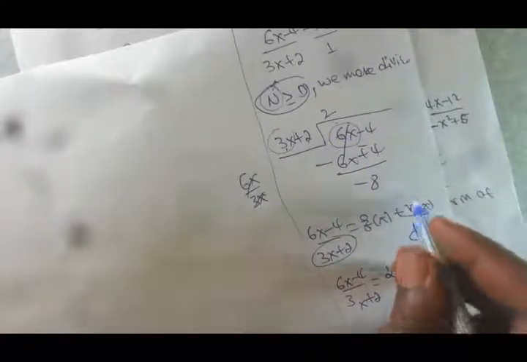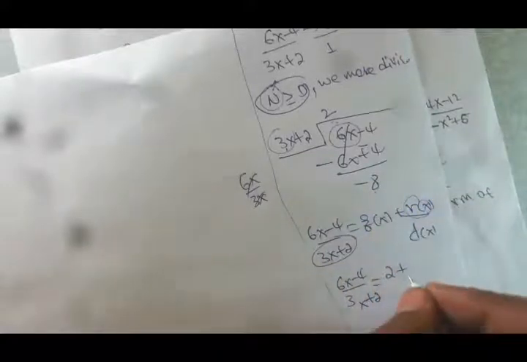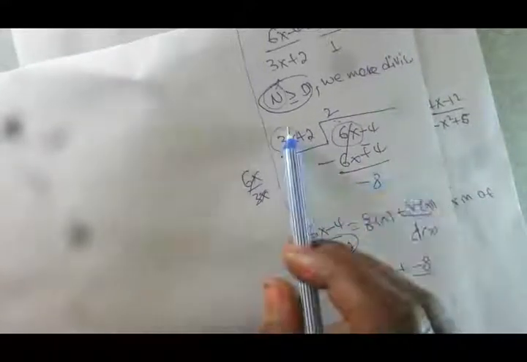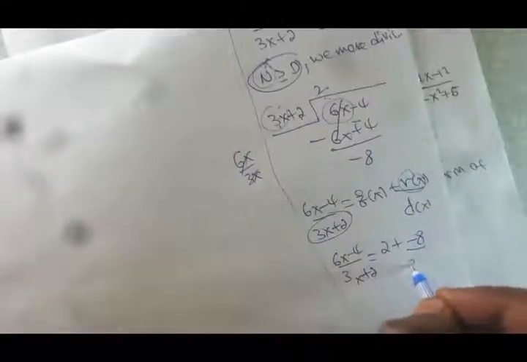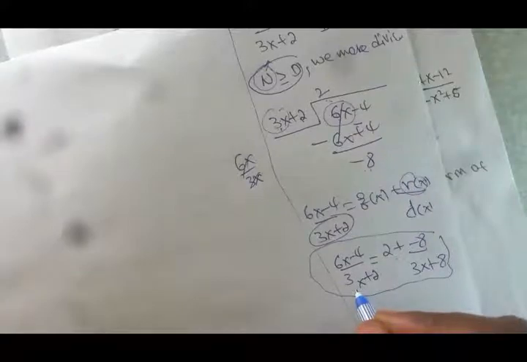So 6x minus 4 over 3x plus 2 is equal to the quotient 2 plus the remainder, negative 8, over the divisor 3x plus 2. This is the equivalent form of 6x minus 4 divided by 3x plus 2.